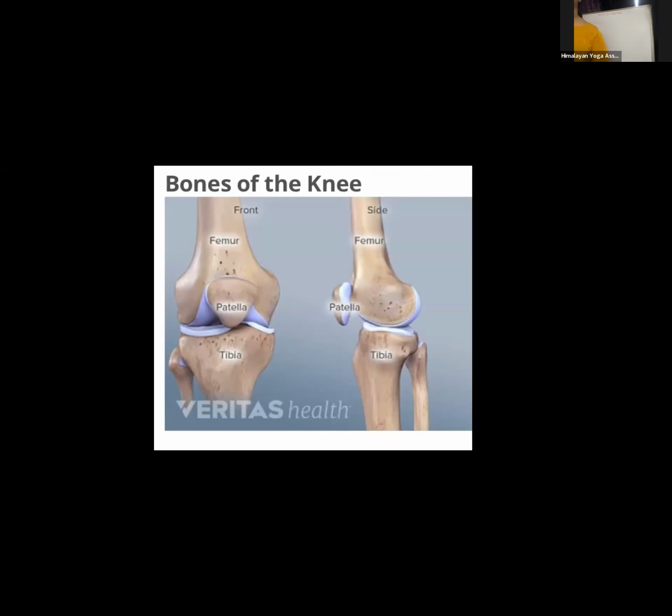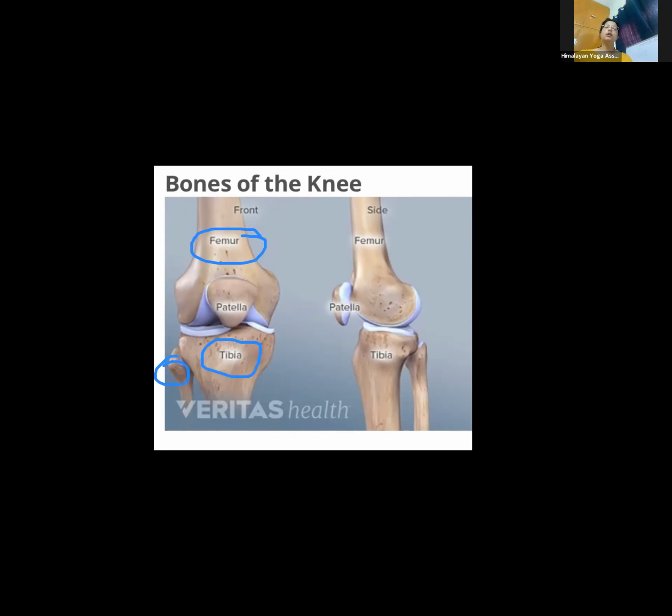This makes it very clear what is going on here. Here we have the femur, the thigh bone, then we have tibia. Somewhere like this fibula is attached to tibia, but it's not attached to the knee joint.